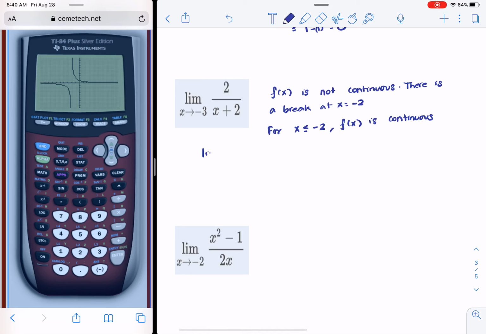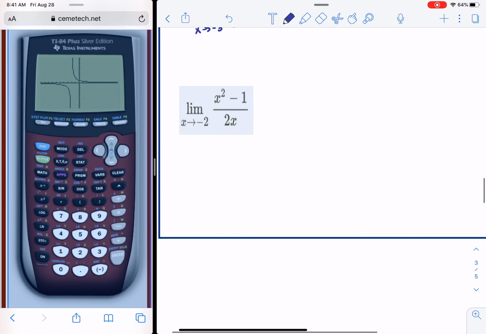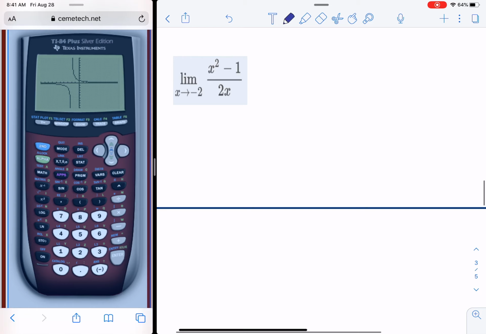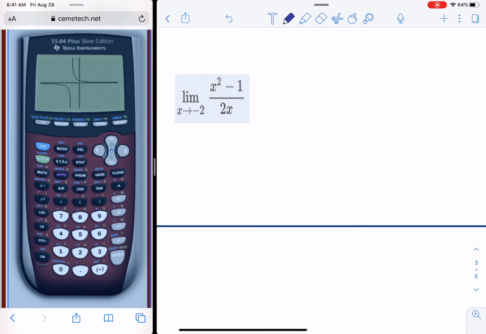So limit as x approaches -3 of 2 over x plus 2 would simply be equal to f of -3. So we have 2 over -3 plus 2, which is 2 over -1. The answer is -2. So here we have x squared minus 1 divided by 2x, and I know that this is a continuous function.